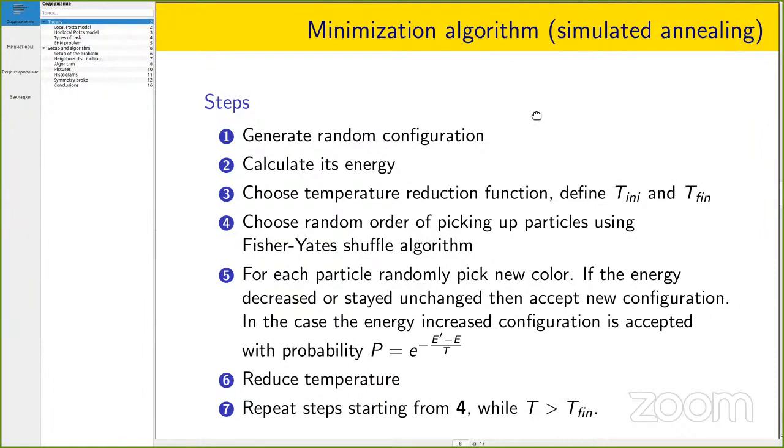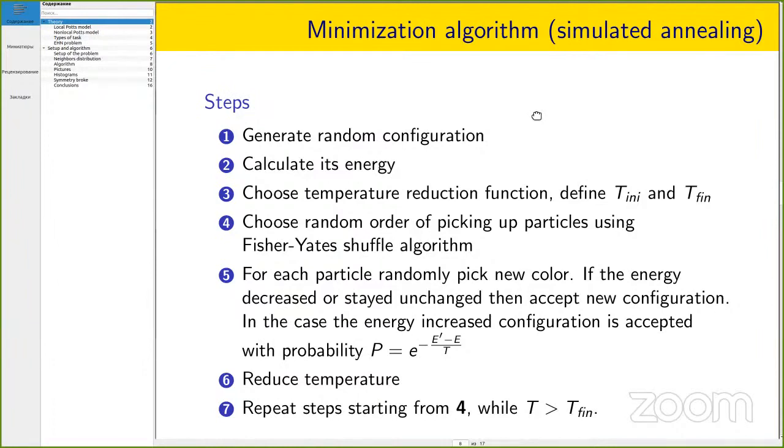So basically, we start from a random configuration, calculate its energy, and choose a temperature reduction function. It's very important here to choose the proper one, and also to choose appropriate, optimal parameters. And next, we go through all particles in random order, and for each particle, randomly change the color. If energy decreased or the state is unchanged, then of course we accept the new configuration. But here comes the difference with the greedy algorithm.